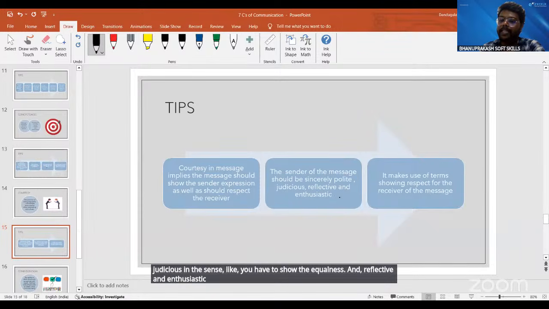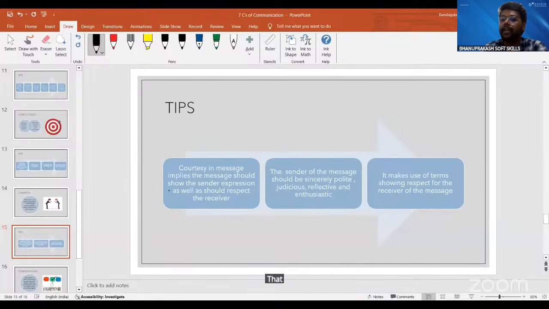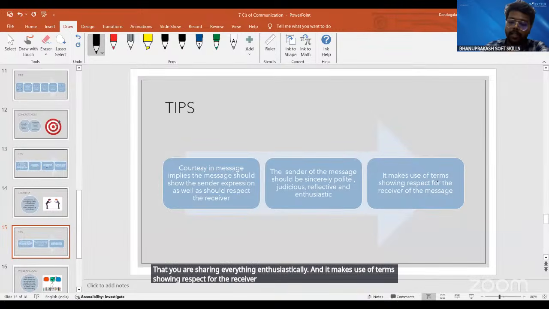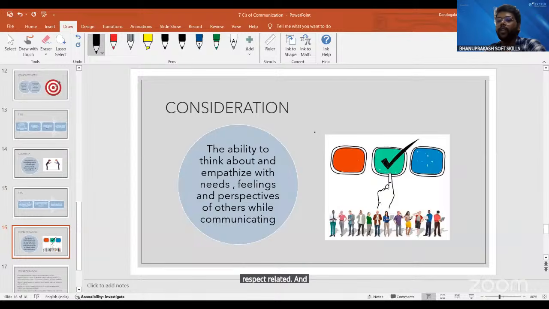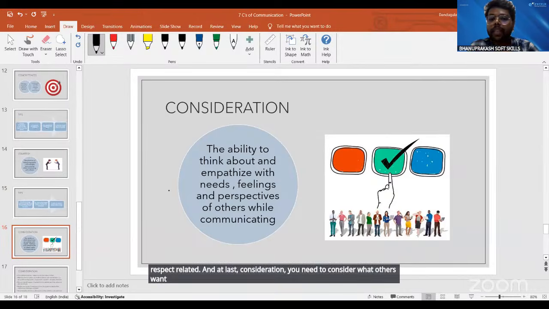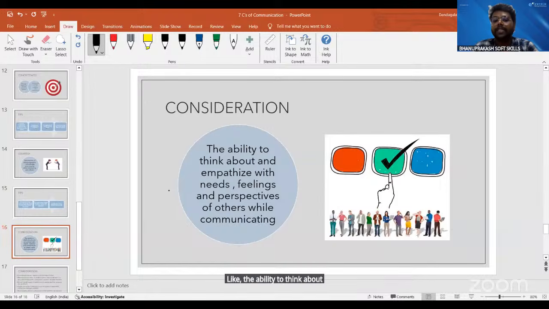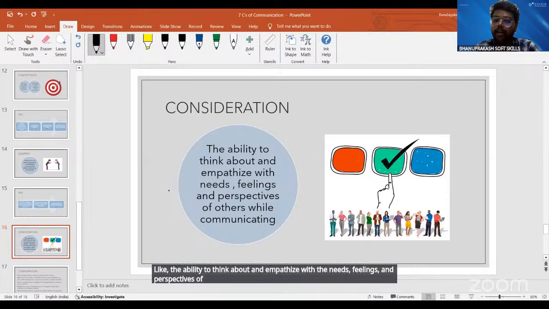While reading your message itself, others should find out your tone, that you are sharing everything enthusiastically. And it makes use of terms showing respect for the receiver of the message. And at last, consideration. You need to consider what others want: the ability to think about and empathize with the needs, feelings, and perspectives of others while communicating.